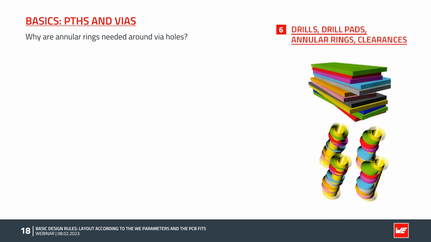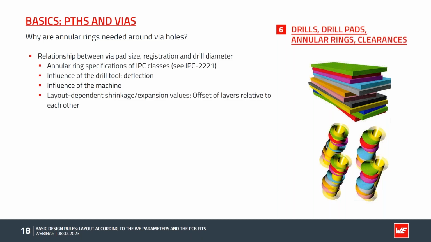So for perfect soldering, we need annular rings. That's clear, but why do we need annular rings also for just electrical connections for wire holes? And that's not that complicated.